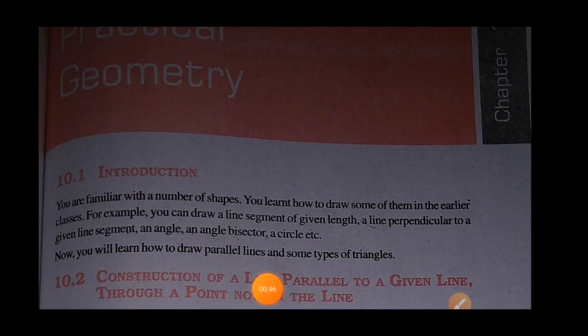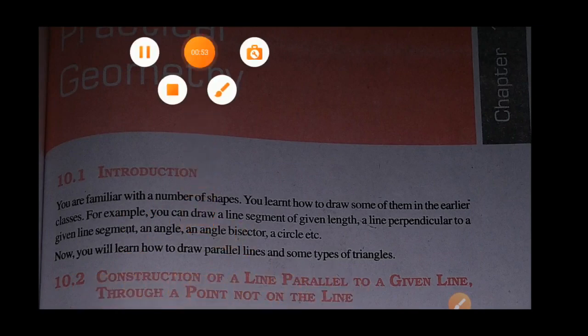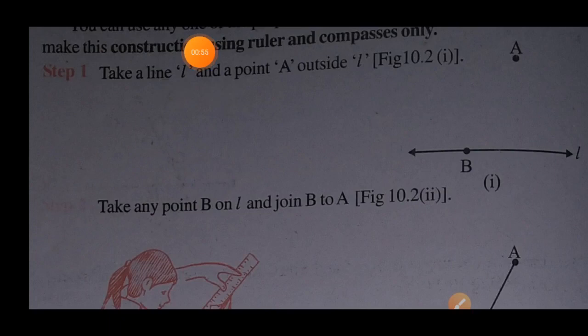Construction of a line parallel to a given line through a point not on the line. Make these constructions using ruler and compasses only. Step 1. Take a line L and a point A outside L as shown in figure 1.